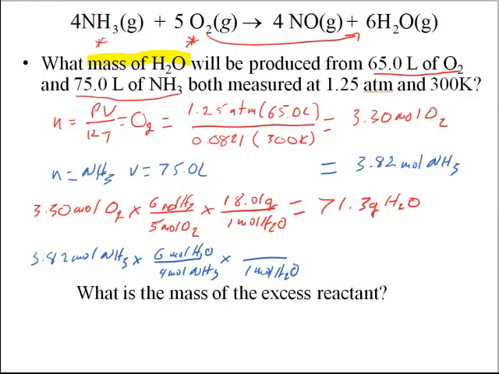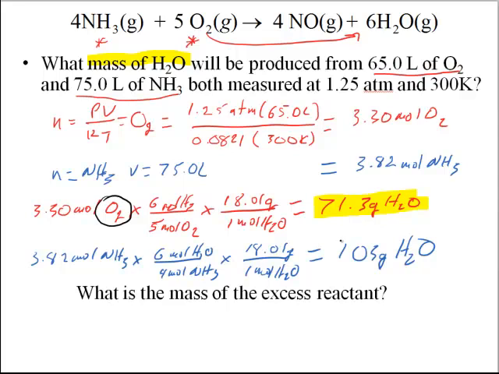H2O is 18.01 grams. Okay, and in that one we would generate 103 grams of H2O. All right, so what that means is that we are going to produce 71.3 grams of H2O in this problem. Okay, O2 is my limiting reactant, and that's how many grams of water we would make.